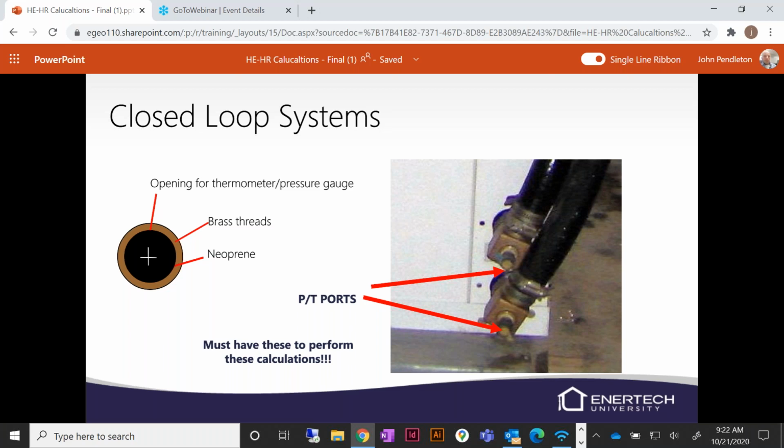Over time, if you keep putting your temperature gauge into that PT port, it will stretch it out, and it may start dripping and leaking. That's what the caps are for, to seal it up. Over time, it will happen. It's not uncommon, not a big deal as long as you have the caps. If you don't have the caps, it's going to leak on the floor and you're going to lose pressure. So make sure you've got the caps, and make sure you're installing pressure temperature ports.